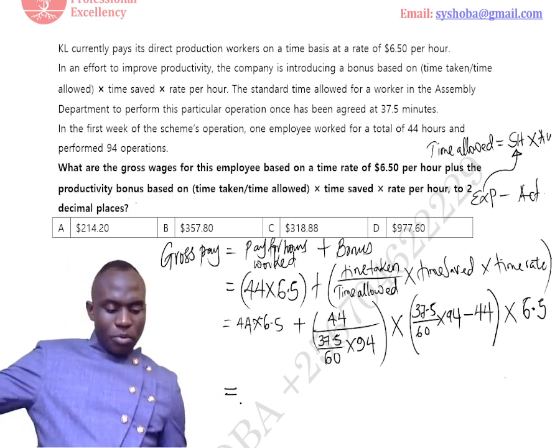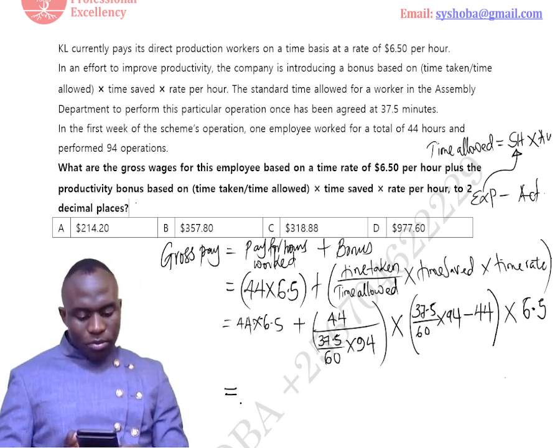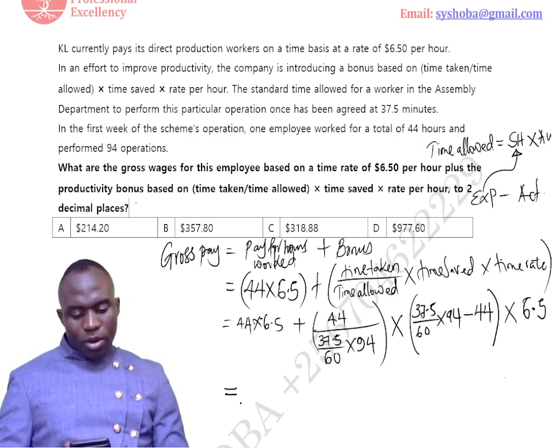So the total payment would be, we work this out, so it is 44 times 6.5 plus bracket fraction 44 divided by fraction again, 37.5 divided by 60 times 94, then we close the bracket, then times bracket fraction 37.5 divided by 60 times 94 minus 44, we close the bracket, times, we open the bracket, times 6.5, close the bracket.